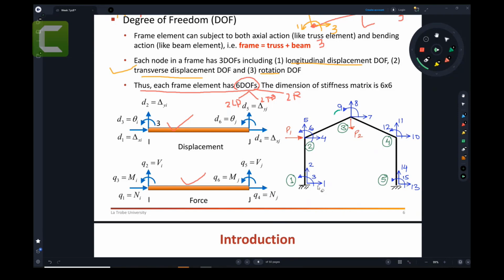Now, each node here has 3 degrees of freedom. This degree of freedom, this one, this one. You can put the degrees of freedom on each of them. And the numbering, I'm going to explain how this lowest number matters here.